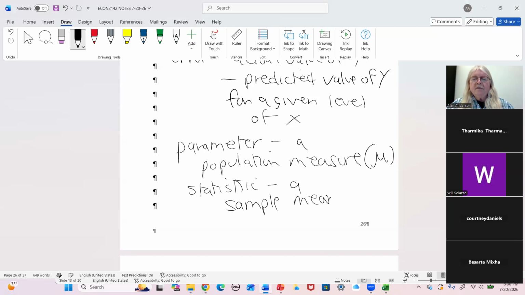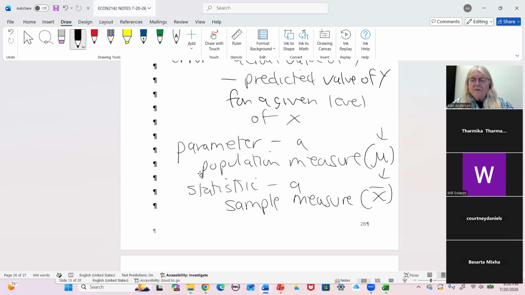And the corresponding one here would be X bar. When you see that word parameter, it means you're talking about a population measure. That's all it means. A statistic means a sample measure.